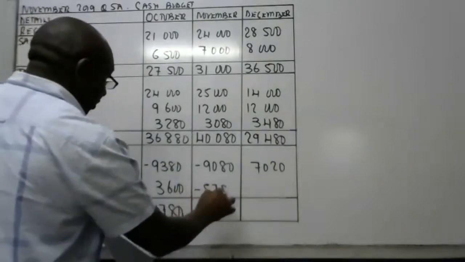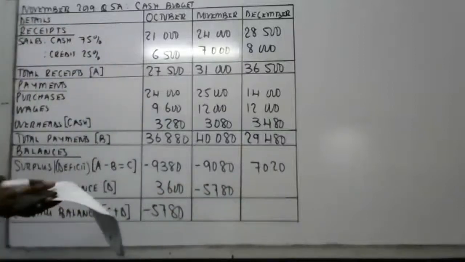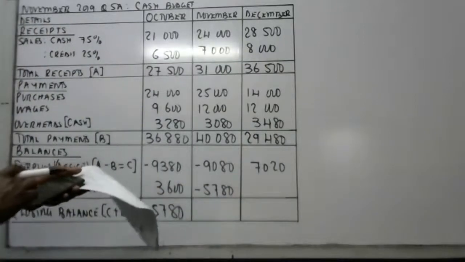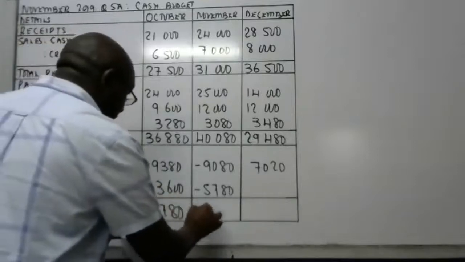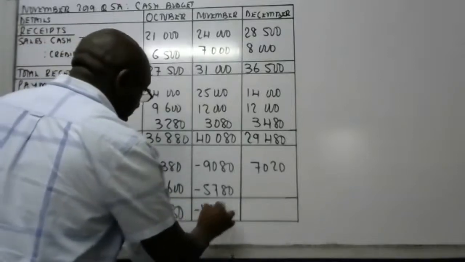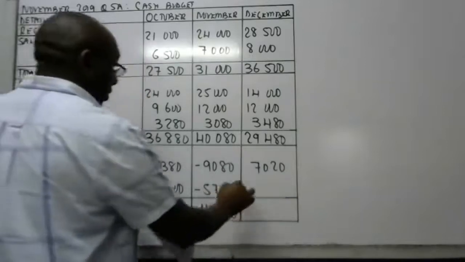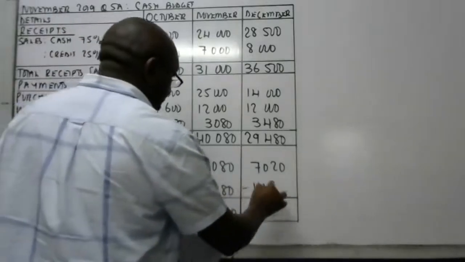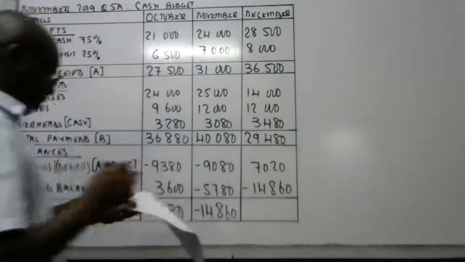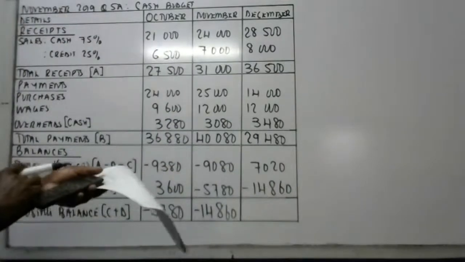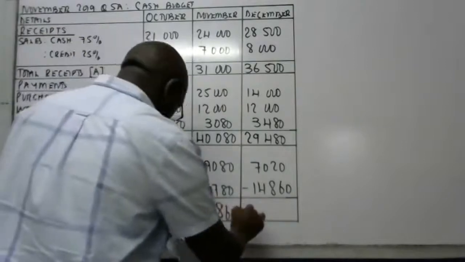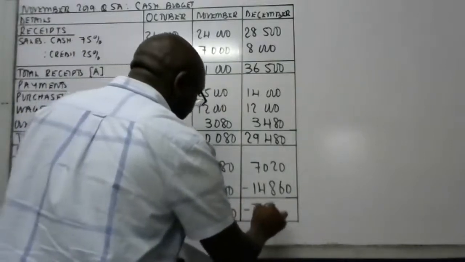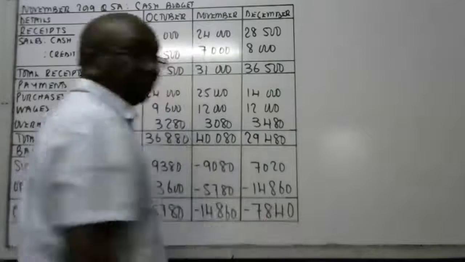So minus 5780 minus 9080. This is minus 14,860. You add 720. You get minus 7840.